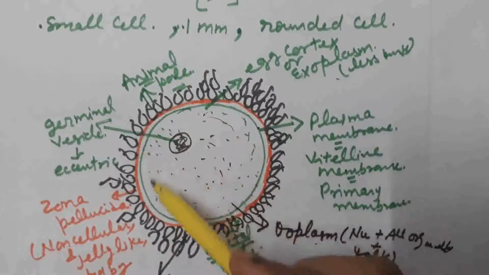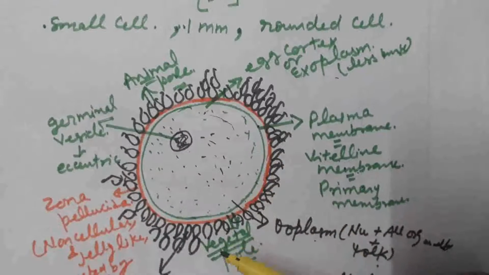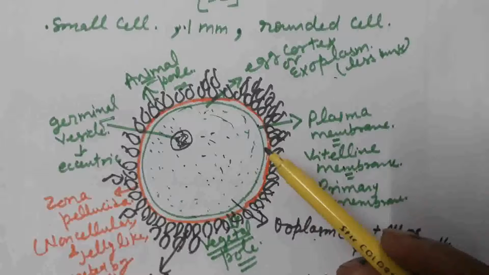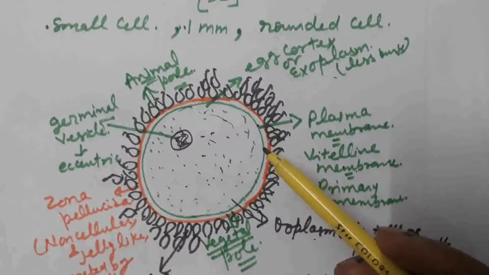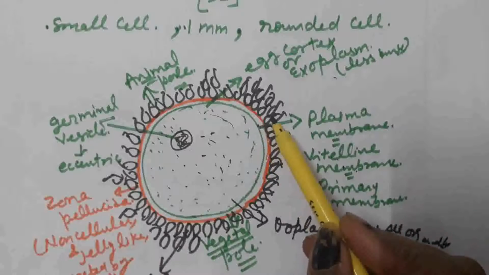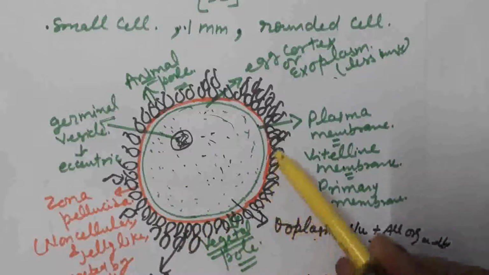Around the plasma membrane, two more membranes are present, which are secreted or formed by the follicular cells. The membrane outside the plasma membrane is known as the zona pellucida, which is represented by orange color here.